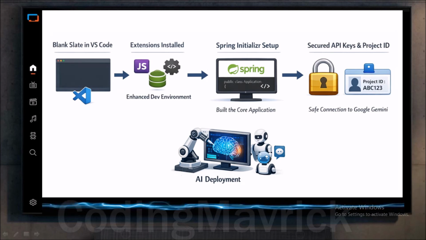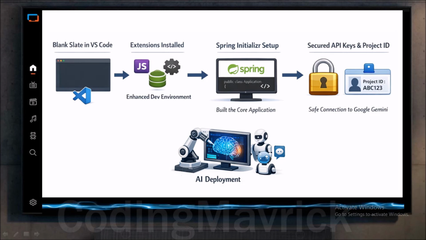We started with a blank slate in VS Code, transformed it into a professional development environment with the right extensions, and used the Spring Initializr to build the body of our application. We even tackled the tricky part, securing our API keys and setting up our project ID so our app can talk to Google Gemini safely.